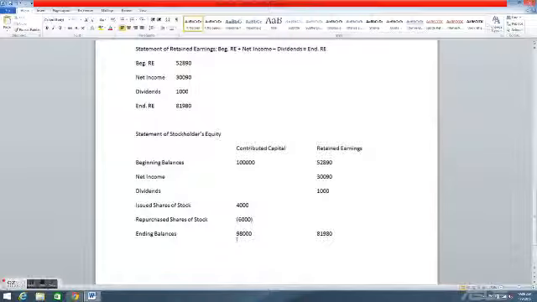So our ending balance is 98,000, which would go on to be the beginning balance for the next period. And with our retained earnings, our beginning balance was 52,890. Our net income was 30,090. Our dividends paid out were 1,000. So our ending balance is 81,980, which will go on to be our beginning balance for the next period.